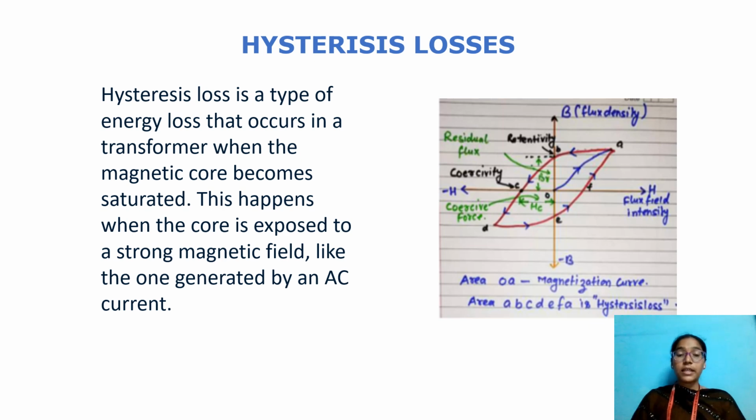Hysteresis losses: hysteresis loss is a type of energy loss that occurs in a transformer when the magnetic core becomes saturated. This happens when the core is exposed to a strong magnetic field, like the one generated by an AC current. Hysteresis losses mainly occur due to the reversal of magnetization of the transformer core.